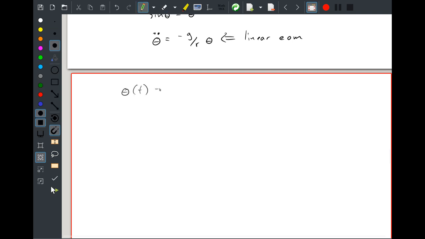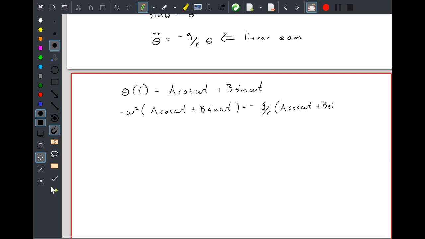theta of t is equal to some a cosine omega t plus b sine omega t. And if I plug that in, I end up with negative omega squared times a cosine omega t plus b sine omega t equals negative g over r times a cosine omega t plus b sine omega t.